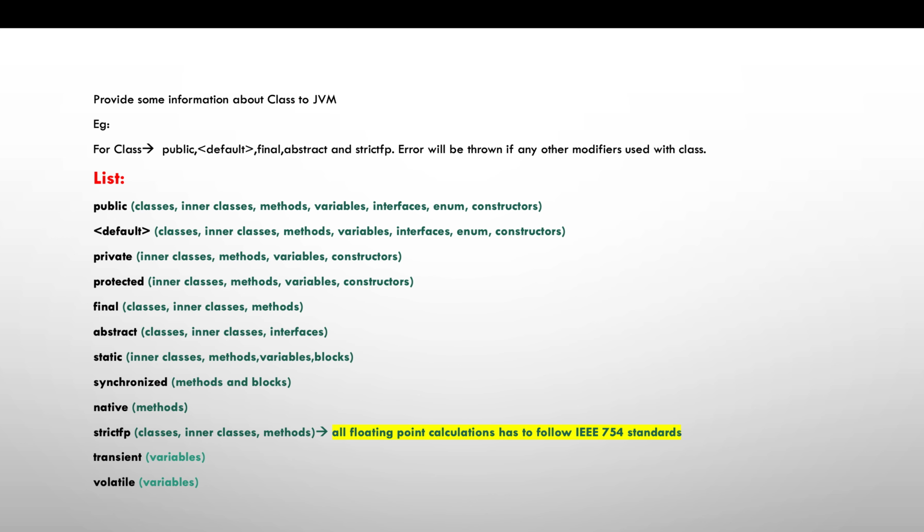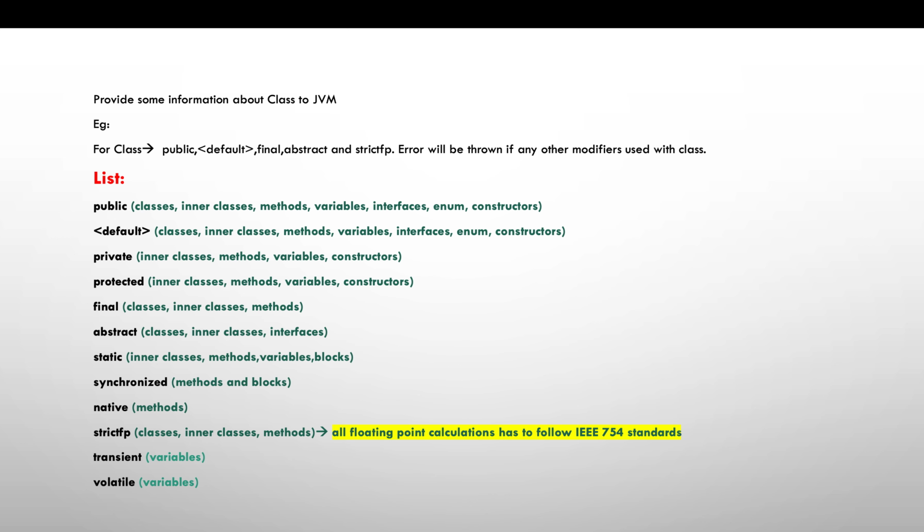The next one is abstract. The abstract modifier can be applicable to classes, outer classes, inner classes, and interfaces. In an abstract class, we may have zero or more abstract methods. This is also applicable for interfaces and inner classes.